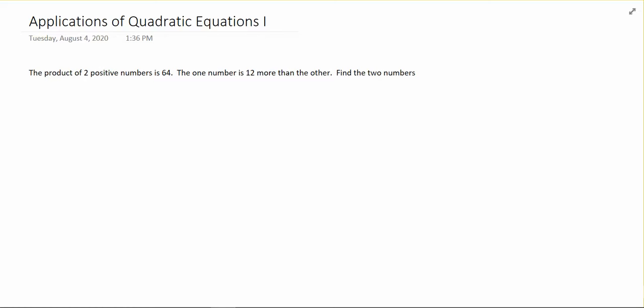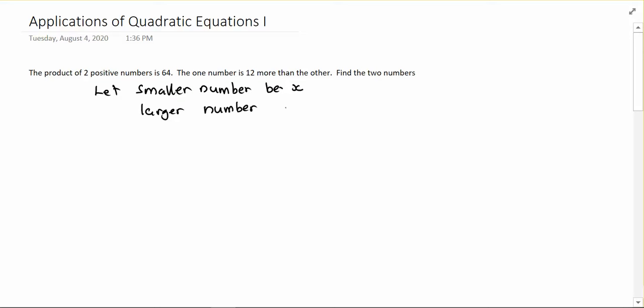So in this case, we have two unknowns, but one number is 12 more than the other. So what I'll do is I'll say let the smaller number be x, and then the larger number is 12 more than that, so x plus 12, right? 12 more.